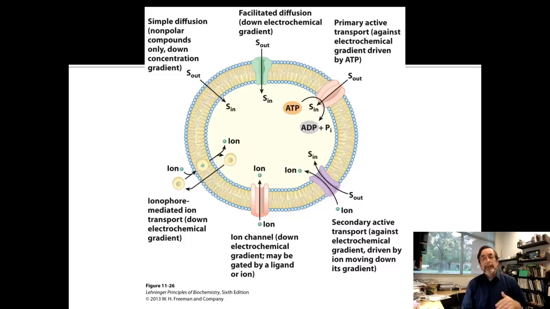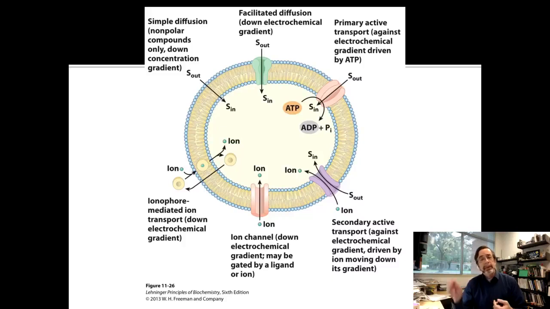Just remember that these are in terms of the enzyme kinetics terms that we're talking about. Simple diffusion is the uncatalyzed analogy. Facilitated diffusion is the one that's being catalyzed. Then you have the things where you can do active transport, which means you're burning ATP. And usually you're burning ATP for a reason.